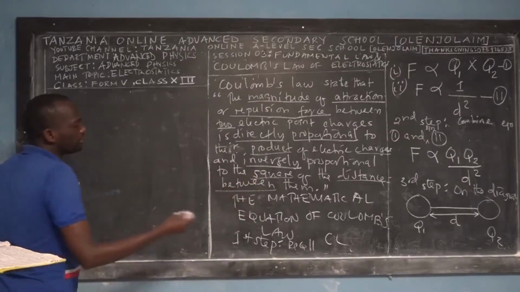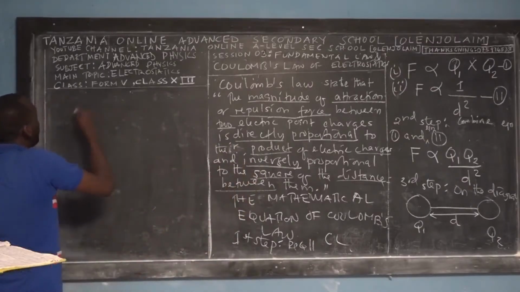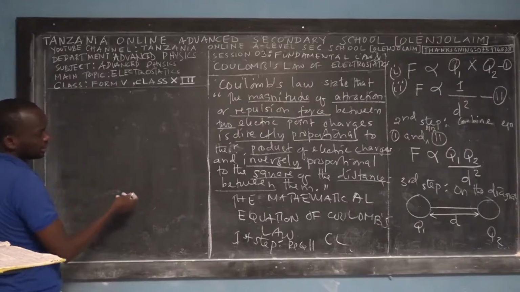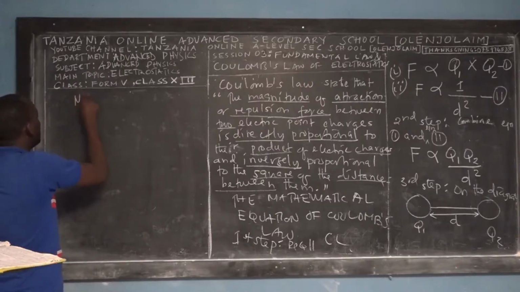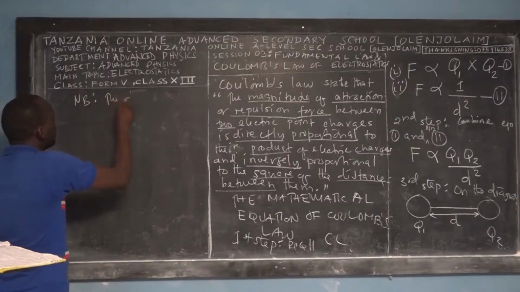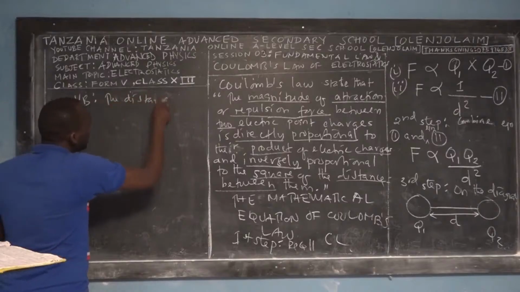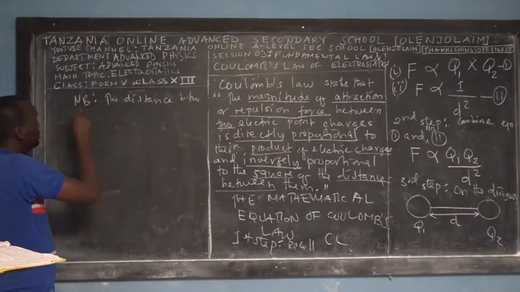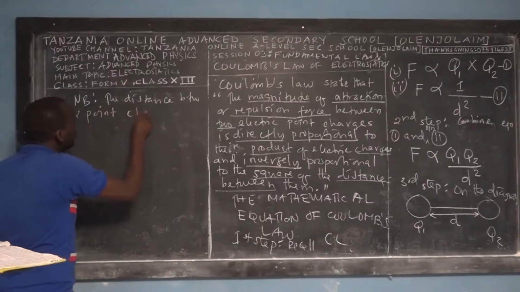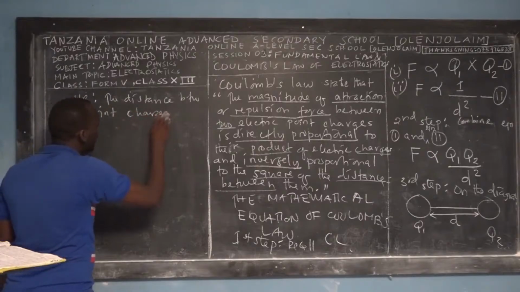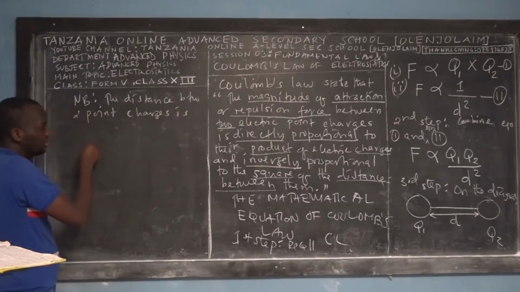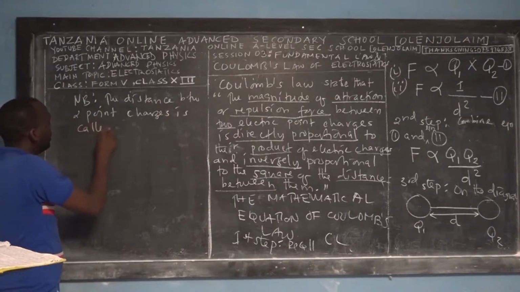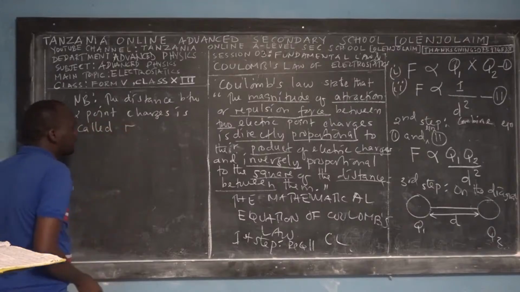In most cases, the distance between two point charges is called R, right?